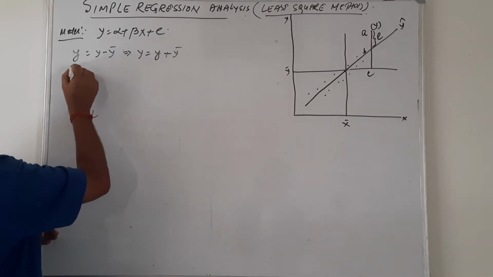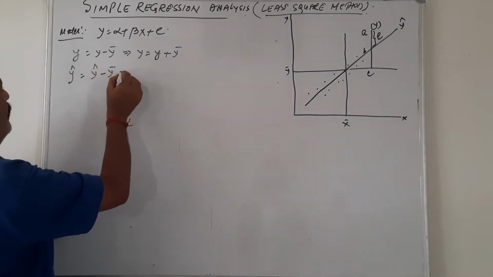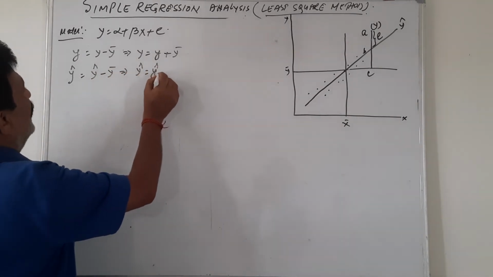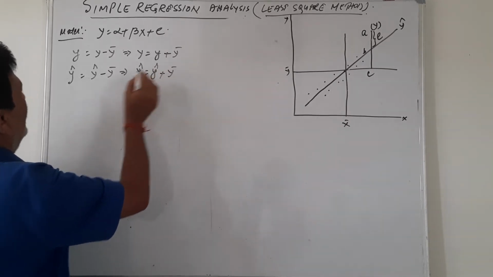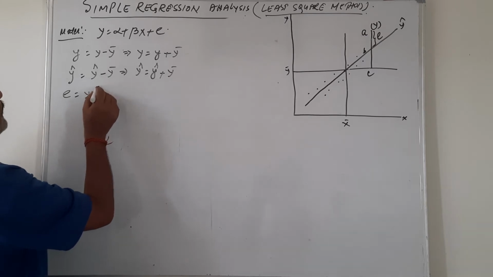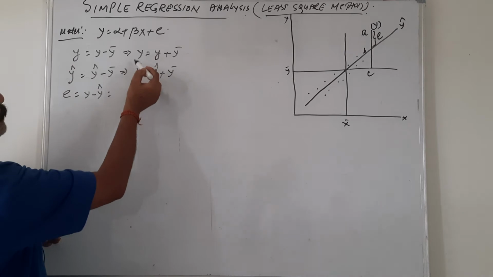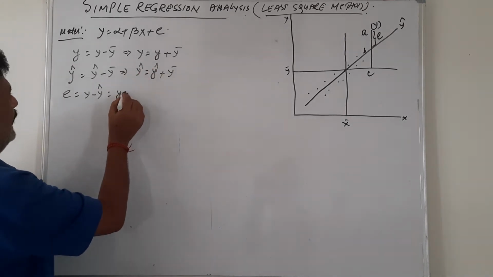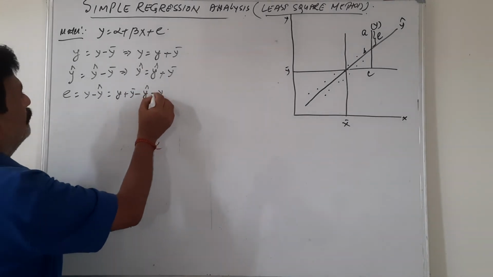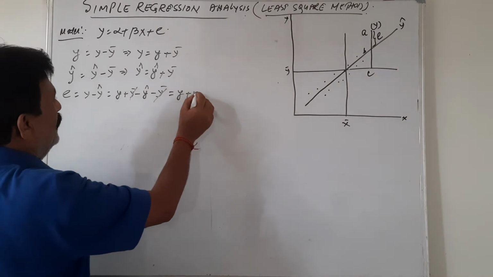Similarly, small y cap is capital Y cap minus y bar, so capital Y cap is small y cap plus y bar. Hence e is defined as y minus y cap. So y minus y cap is small y plus y bar minus small y cap minus y bar. Y bar gets cancelled.